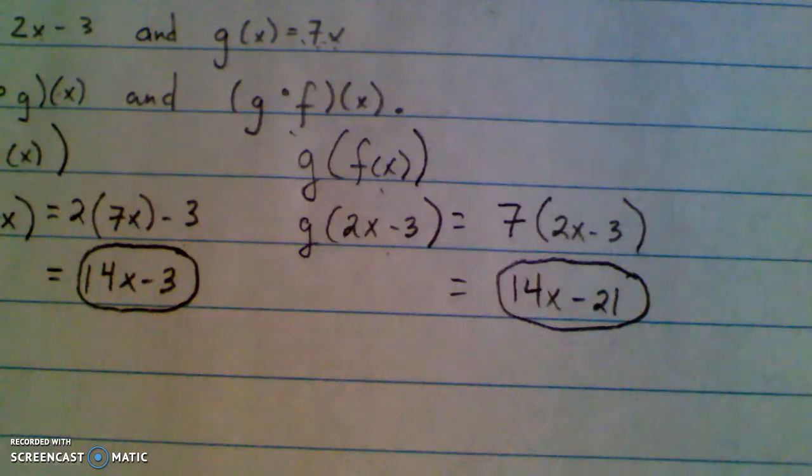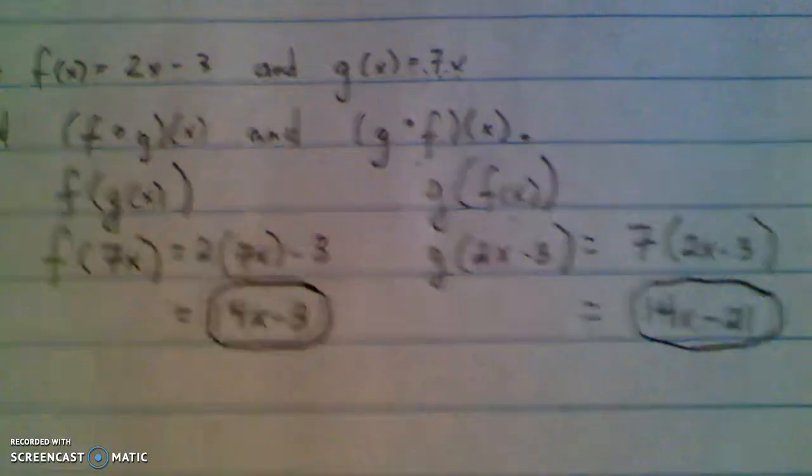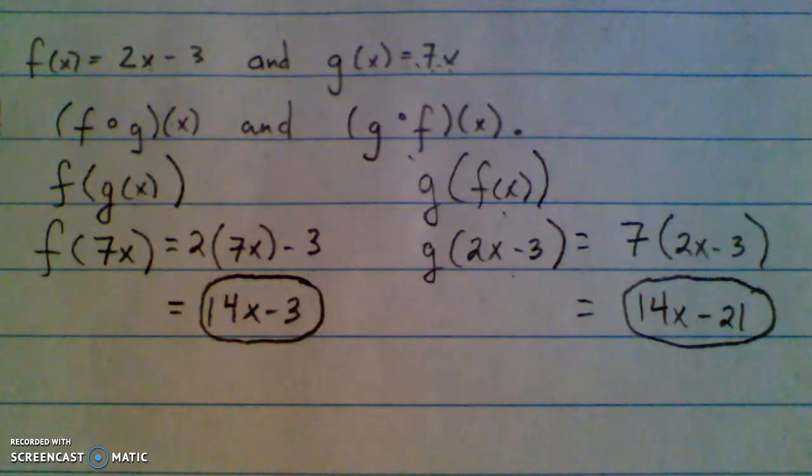So, final question to answer about these. Will f of g of x and g of f of x be the same always? No. That's a common mistake. People say, oh, they should be the same. Occasionally they will be the same. More likely they won't be the same. So you do have to compute or evaluate both of them separately because they won't be the same.